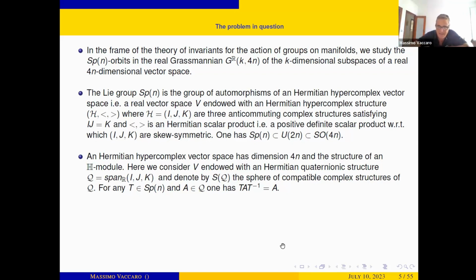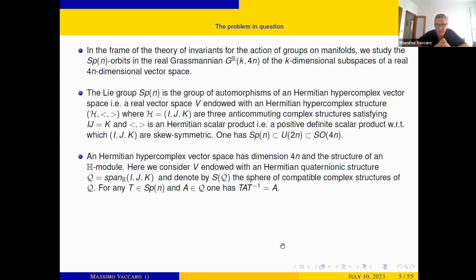Recall that Sp(n) is a subgroup of U(2n), which is a subgroup of SO(4n), which is a subgroup of O(4n). A Hermitian hypercomplex vector space has dimension 4n and has the structure of an H-module. That is, we have an action of the quaternions on this space.